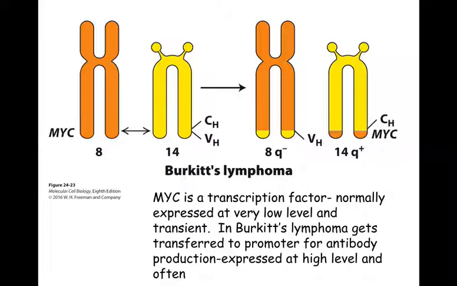In Burkitt's lymphoma, with this chromosomal translocation, the gene gets transferred in front of a very active promoter, one that normally makes antibodies, so it's expressed at a high level and expressed often. Now you have this transcription factor that's made like antibodies are made, which is not a good situation, and so it results in lymphoma.